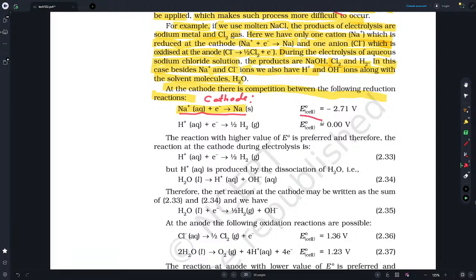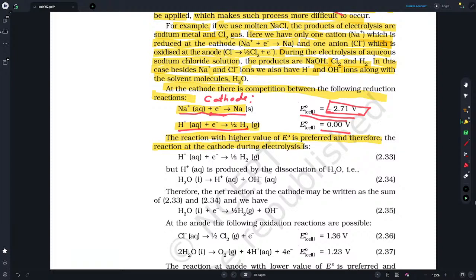The electrode potential is extremely low because sodium, as we know, is a really electropositive and very reactive element. Sodium, if we put it in water, it will explode. That much reactive an agent, which can easily give electron, if you want it to undergo reduction reaction, the potential is negative 2.17, which is really low. Hydrogen, as we know, the standard we take it as 0. The reaction with higher value of E is preferred, and therefore only this reaction will occur.